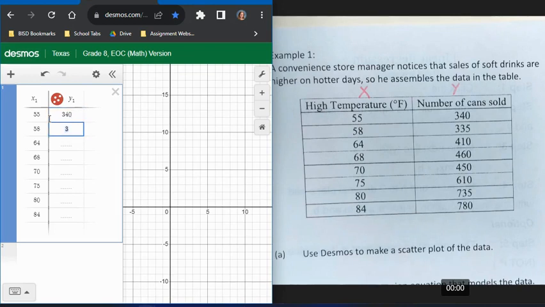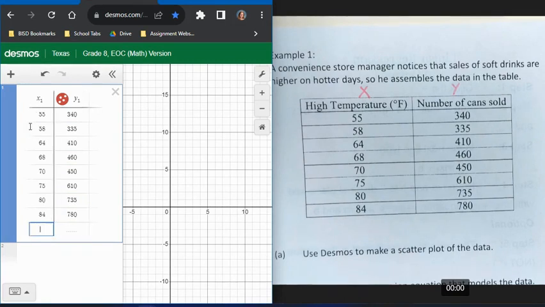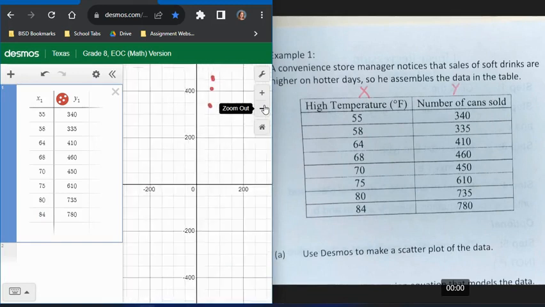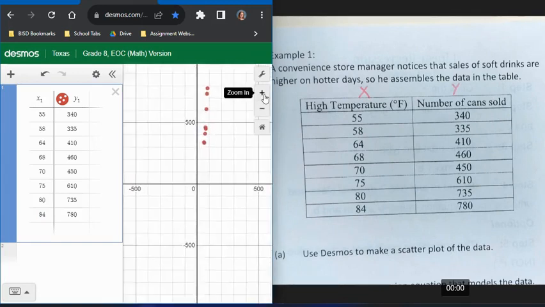Let's try that again. 335, 410, 460, 450, 610, 735, 780. It creates a scatter plot, but I can't even see it, so I'm going to back it up. Oh, there it is.